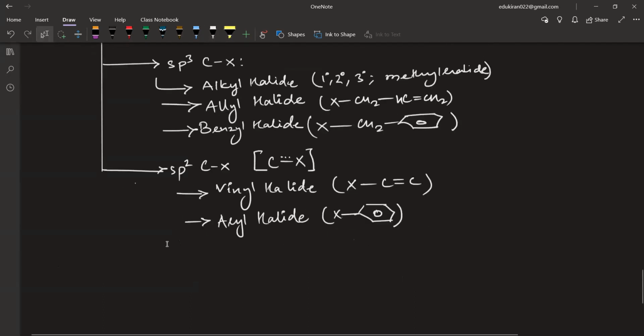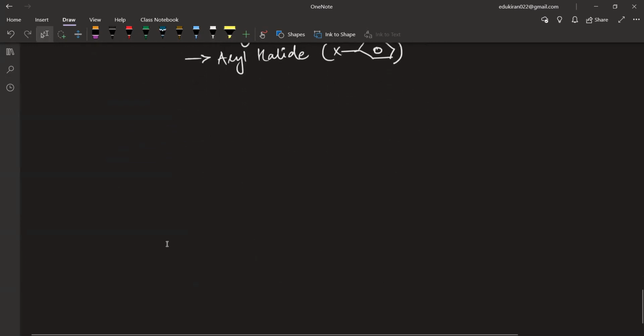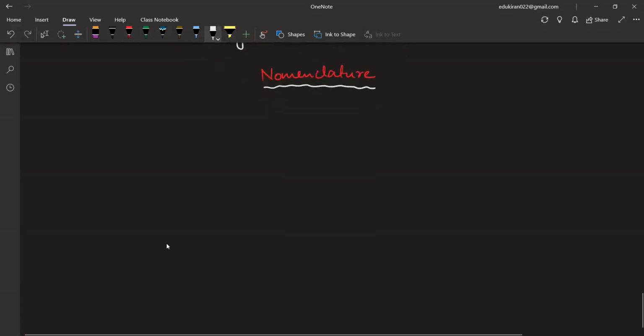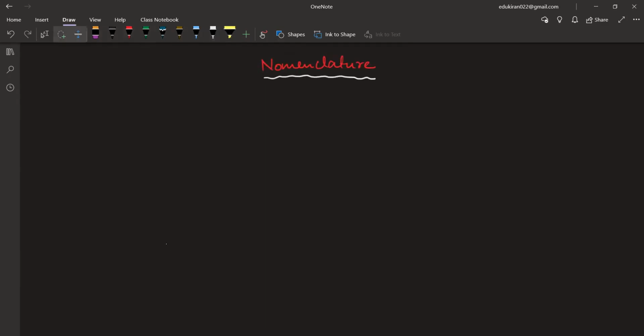Now we will move to nomenclature. Okay, so nomenclature, those who have done 11th standard with me, they will be having a different way of doing nomenclature than those who are studying with me for the first time. तो उन सबको बैलेंस में लाने के लिए I will start with one of the examples जो आपके NCERT में है, and I will show you the name and the different parts of that name. ठीक है?